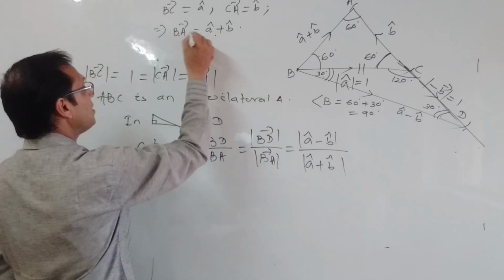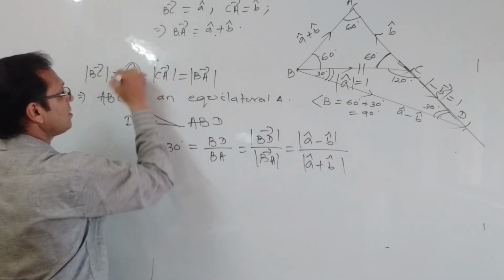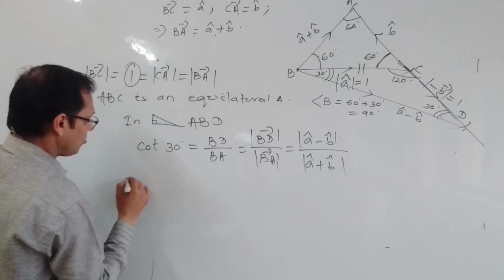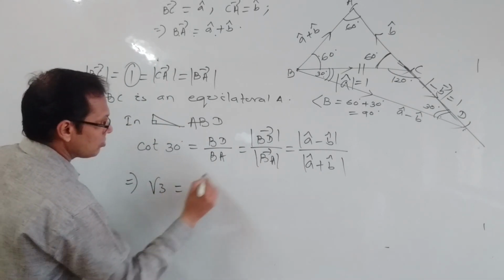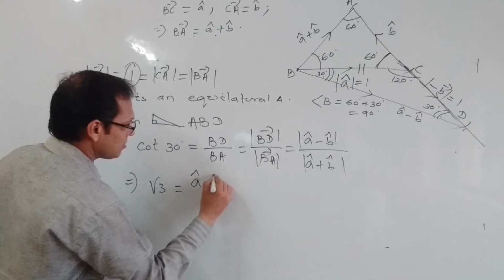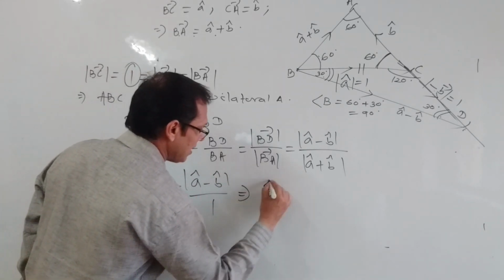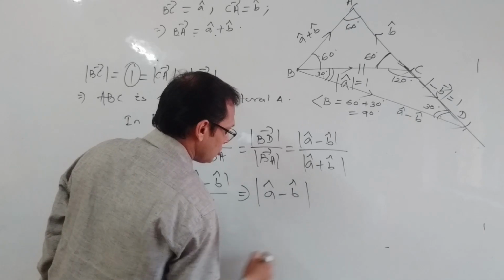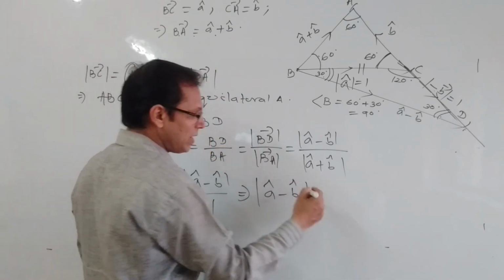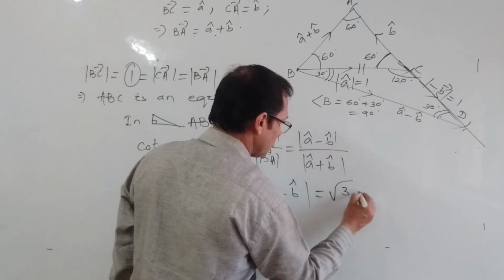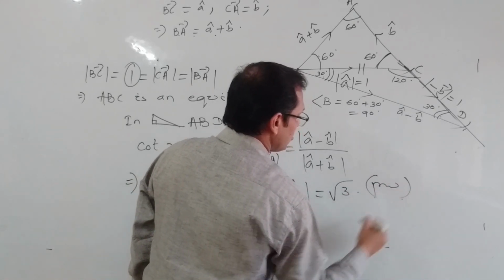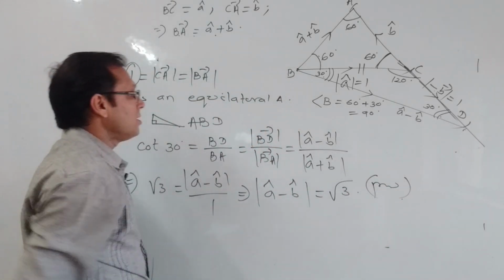Magnitude of this one, BA vector magnitude, is equal to 1. So this one is 1, and cot 30 is equal to root 3. Root 3 is equal to A cap minus B cap magnitude by 1. So that implies A cap minus B cap. So the difference of these two vectors is equal to how much? Root 3. Proved. So I have proved this one roughly.